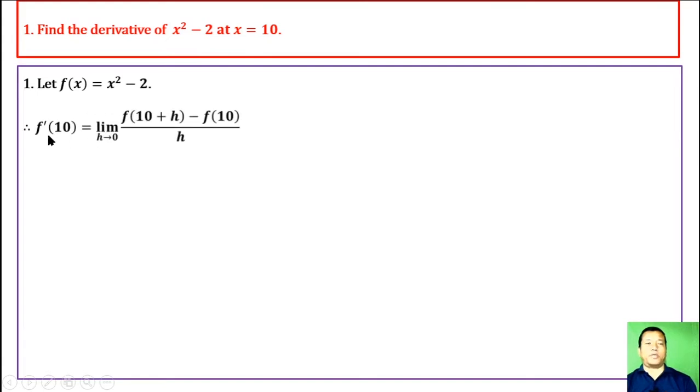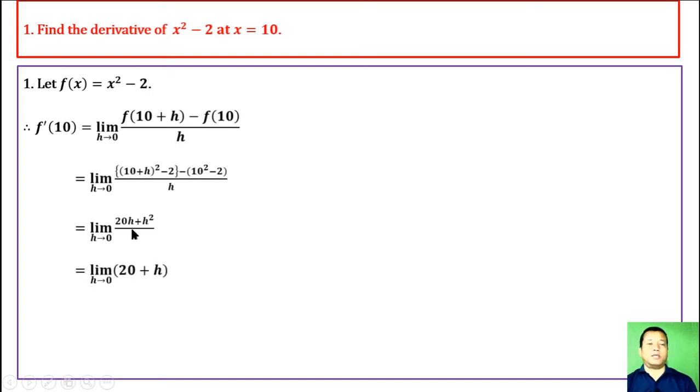Therefore, f dash of 10 is the limit of f of 10 plus h minus f of 10, divided by h, as h tends to 0. f of 10 plus h is (10 plus h) whole square minus 2, minus f of 10, which is 10 square minus 2, whole divided by h. Expand the numerator and cancel, and divide h into each term of the numerator. As h is never 0, and this is a polynomial in h, we put h tends to 0 to get its limit, that is 20.